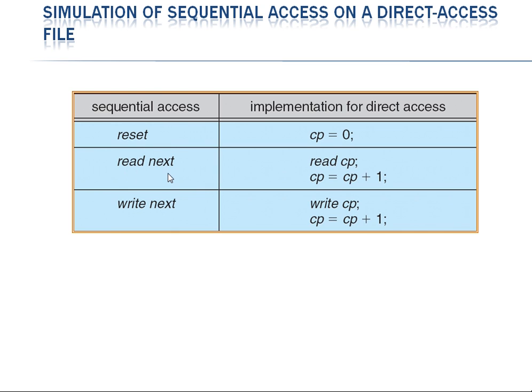When you perform the read next operation, wherever your current pointer is, it will be incremented. You will be performing read the current pointer, then the current pointer will be incremented by 1. This is how the read next operation is implemented for direct access. Similarly, write next can be implemented using write the current pointer, then the current pointer is incremented by 1.